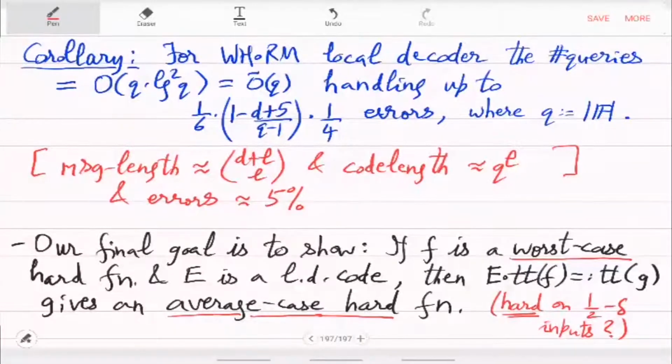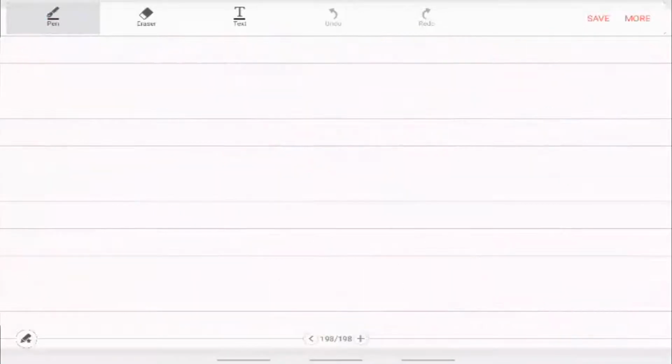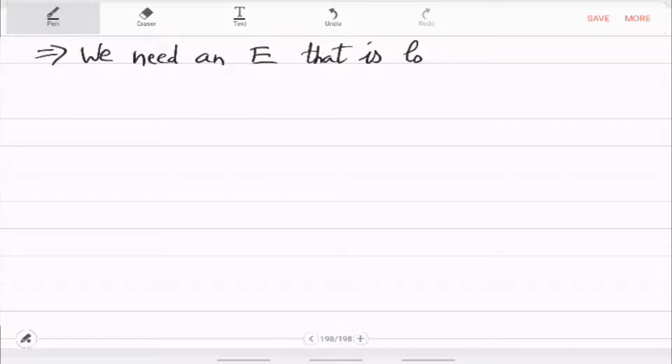So, this implies that we need an E that is locally decodable up to half minus delta errors.